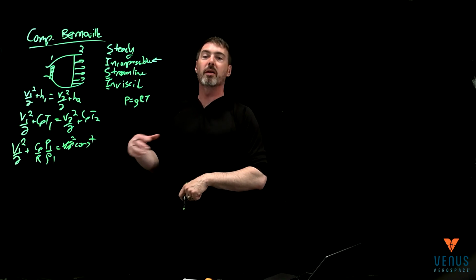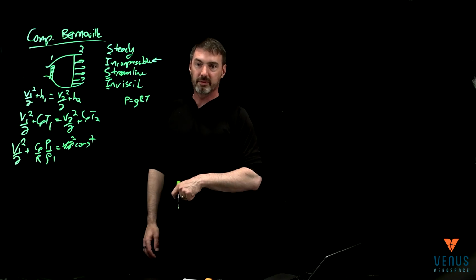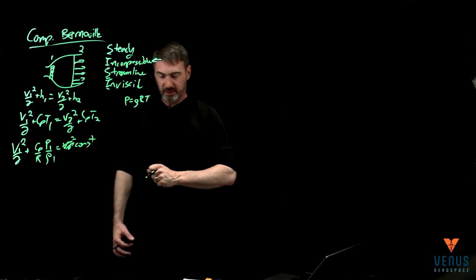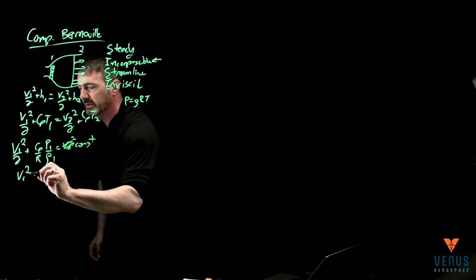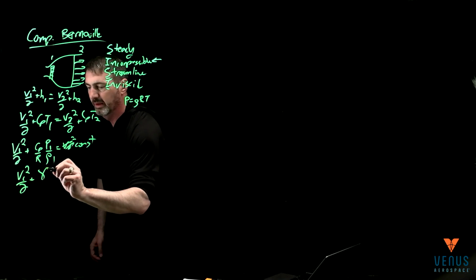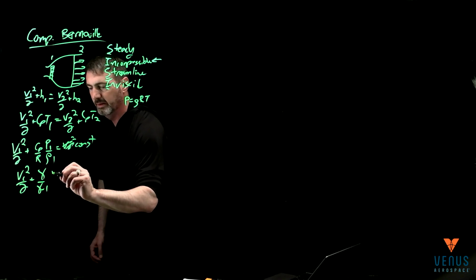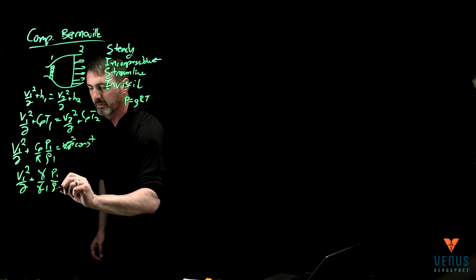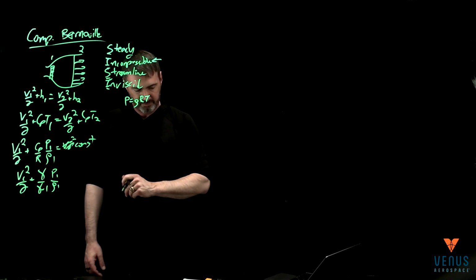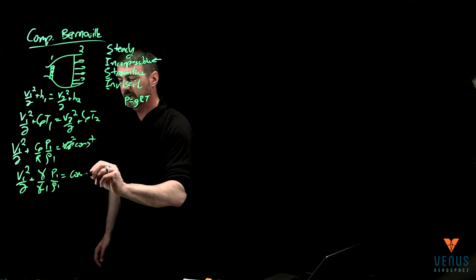Remember last time we derived what c_p over R is. And so that's just V1 squared over 2 plus gamma over gamma minus 1 times P1 over rho 1. Okay? And that is equal to constant.